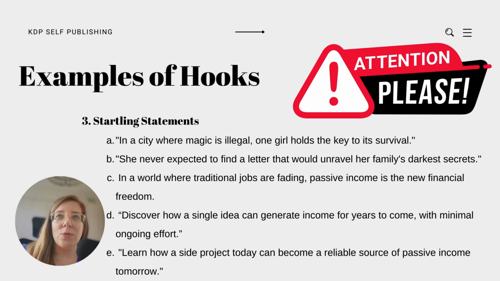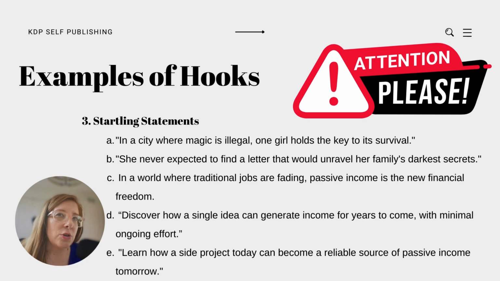So another one here would be startling statements, and startling statements can be a little bit similar, but here are some other examples of that. In a city where magic is illegal, one girl holds the key to its survival. She never expected to find a letter that would unravel her family's darkest secrets.